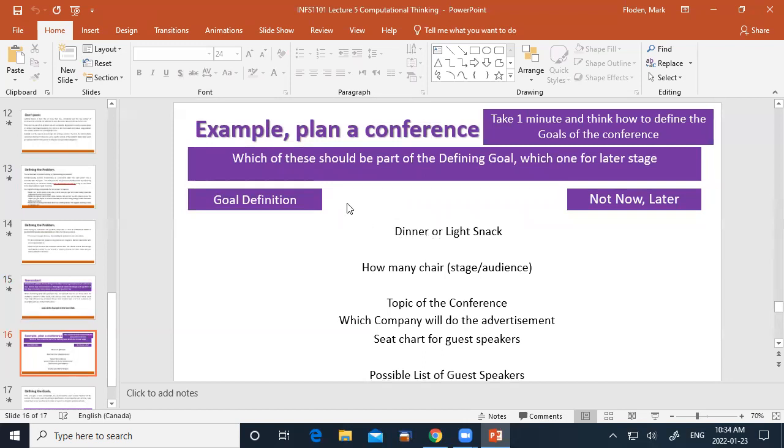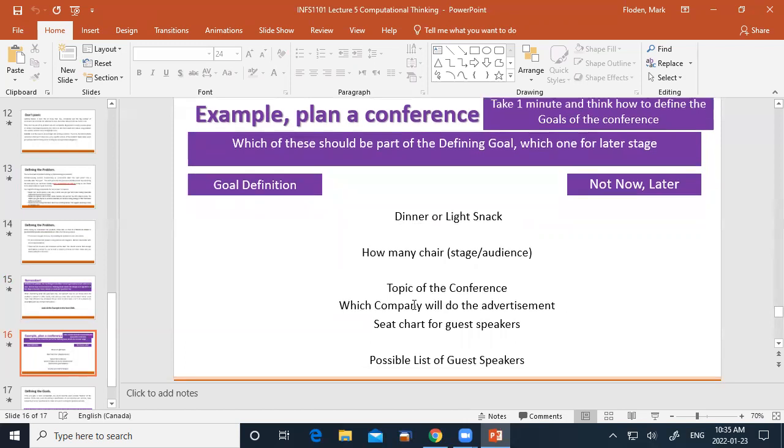If we're planning our conference, which of these things do we need to do now, and which can we postpone until the conference starts? The idea is to put these in the order in which we would try to solve them. Dinner or light snack, could we postpone that?